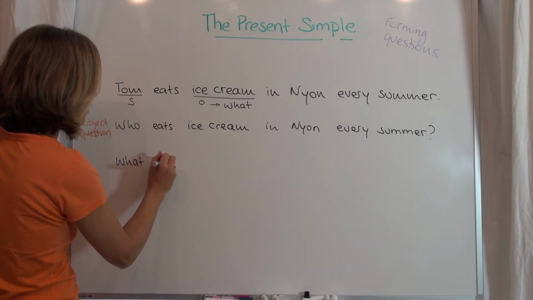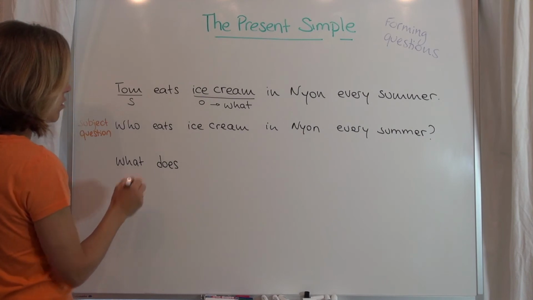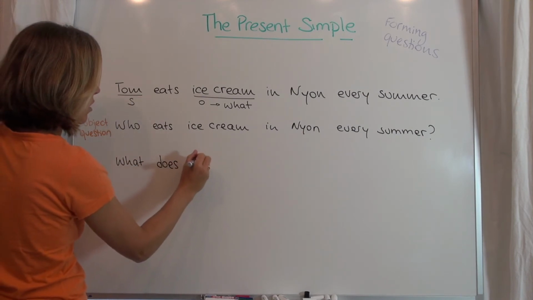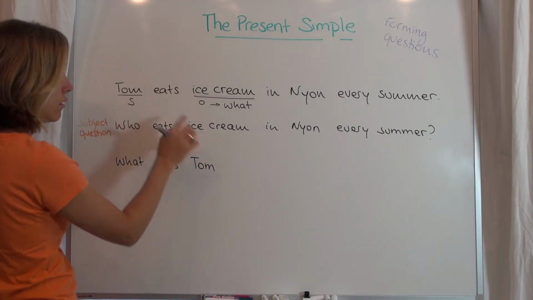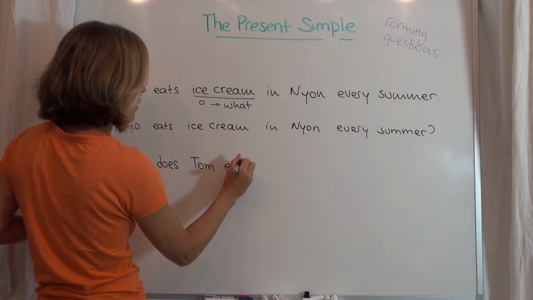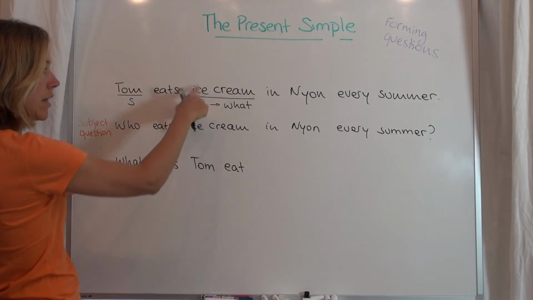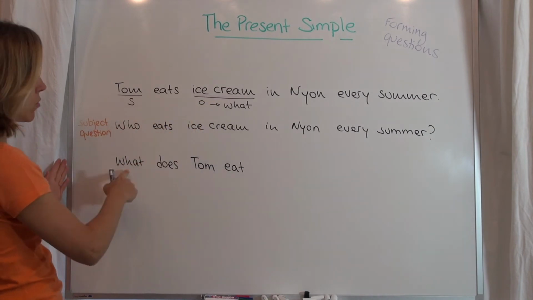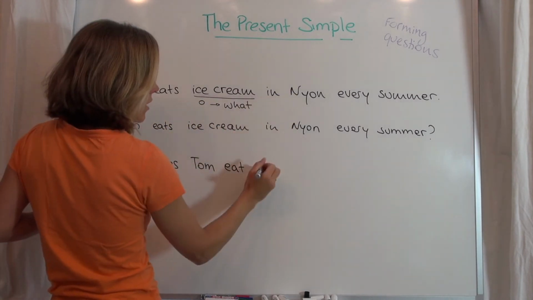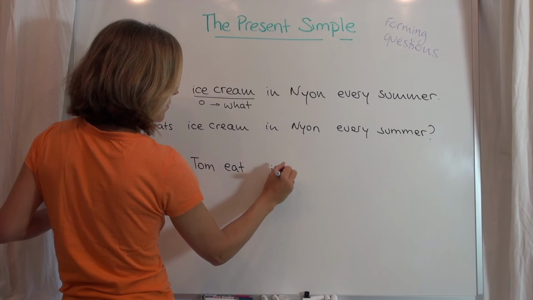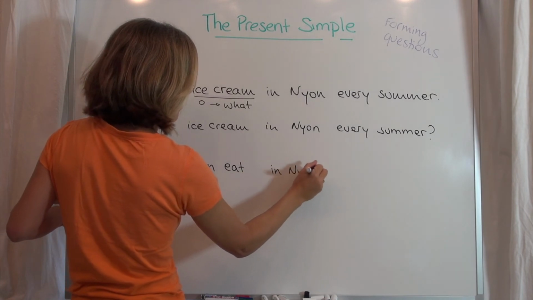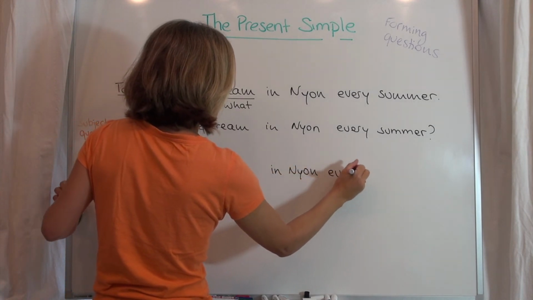So what does, then Tom, and the verb in the infinitive, eat, and that's what we're asking the question about. So then we add in Nyon every summer.